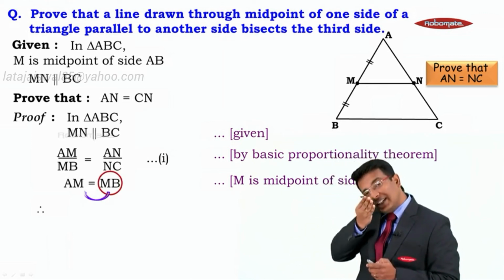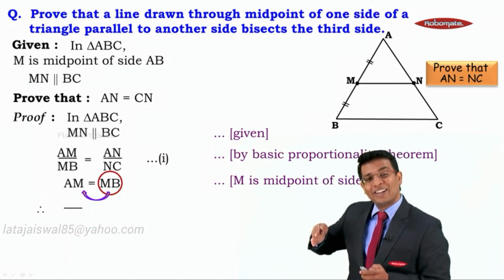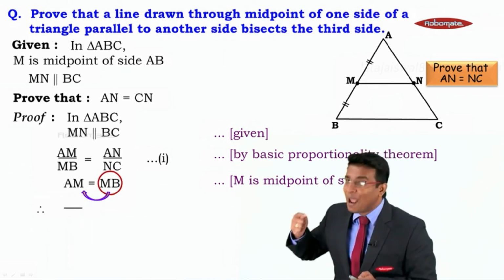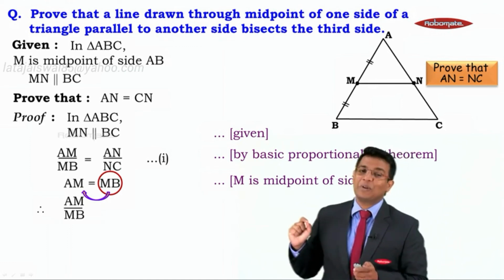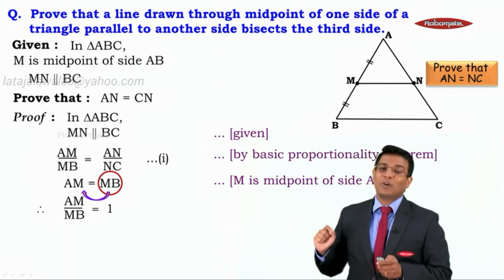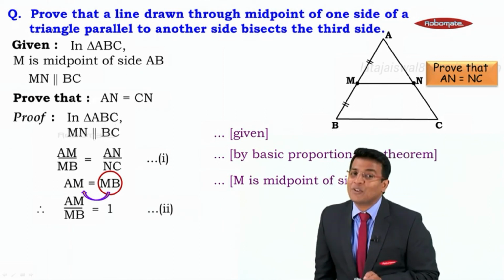So we'll shift this MB onto the left hand side so that we get a ratio. When we shift it, we get AM upon MB equal to 1. And this is what we got from that particular given, right? So we got AM upon MB is equal to 1.